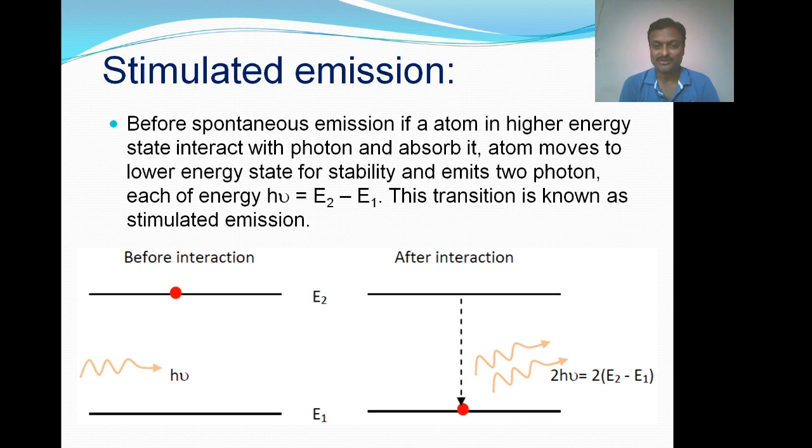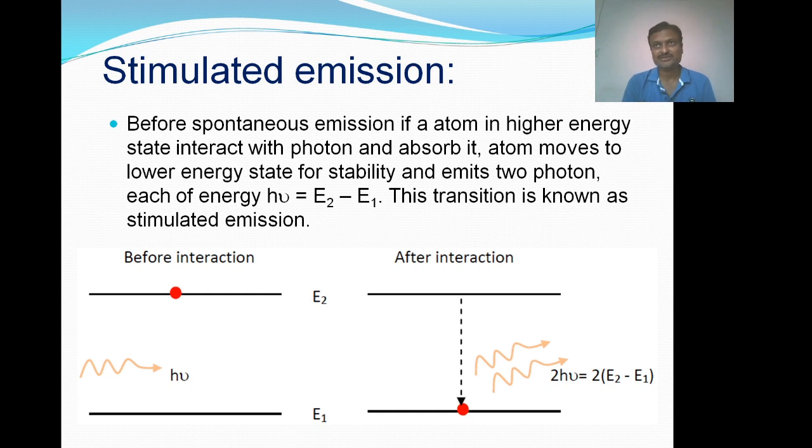How does this light amplification occur? One photon interacts with one atom, and due to the transition of that single atom, two photons are released. These two photons again interact with two neighboring atoms in the higher energy state. Due to the transition of these two atoms to the lower energy state, 2 into 2, 4 photons emerge. These 4 photons interact with 4 neighboring atoms.